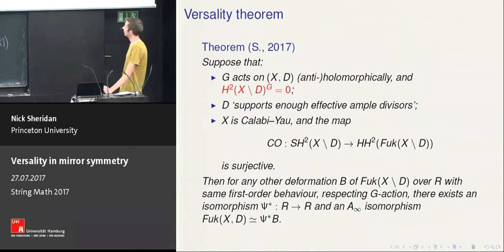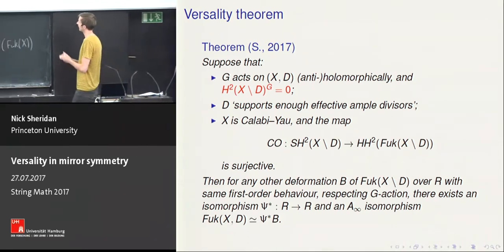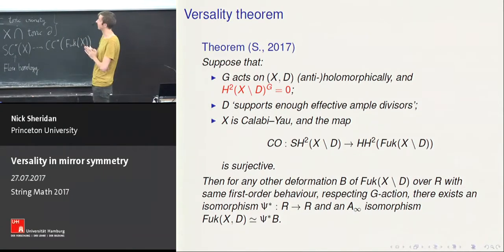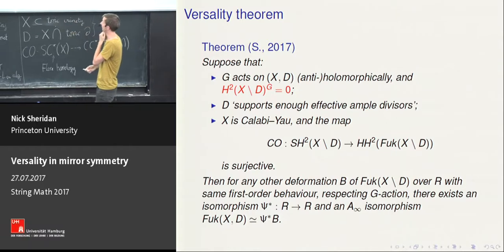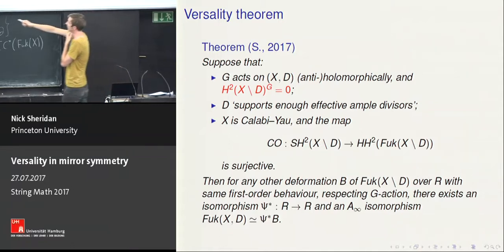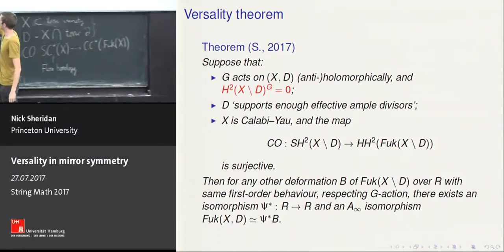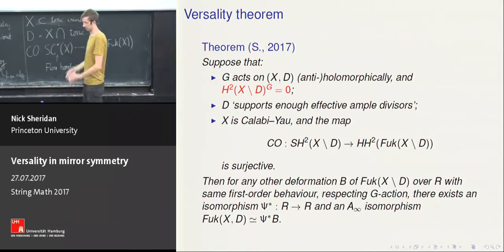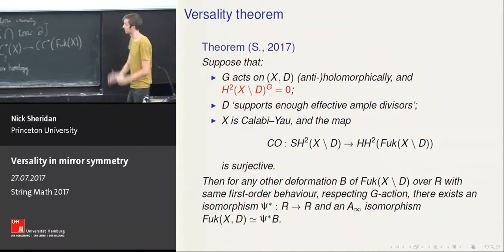And the conclusion is, if we have any other deformation B of the Fukaya category of X minus D over the same ring R with these effective relative homology classes, and with the same first order behavior respecting the G action, then it's basically the same as the deformation given by the relative Fukaya category, which means it's the pullback by some isomorphism or automorphism of our base space.